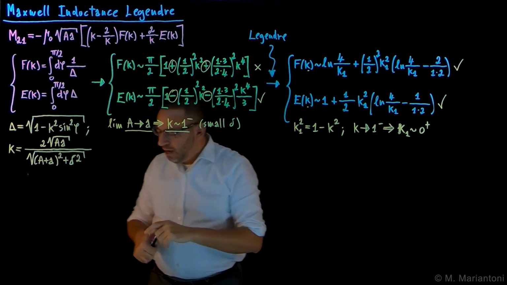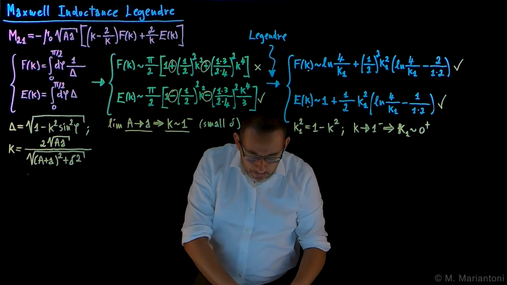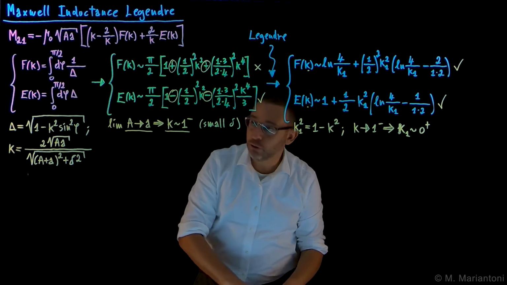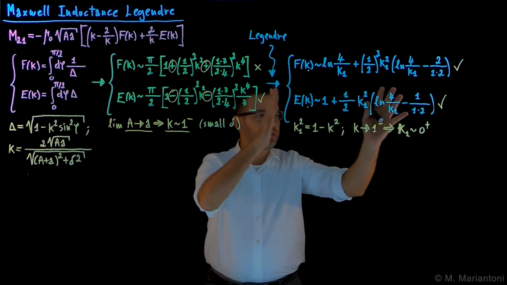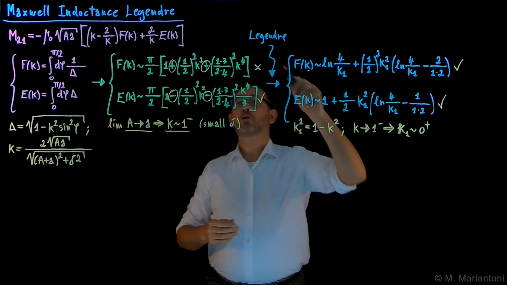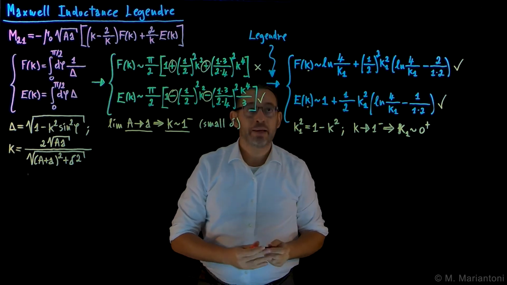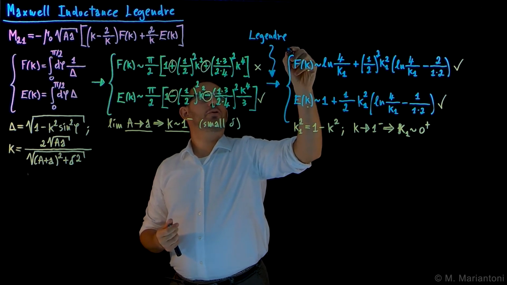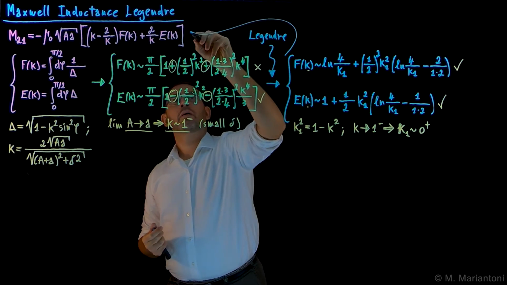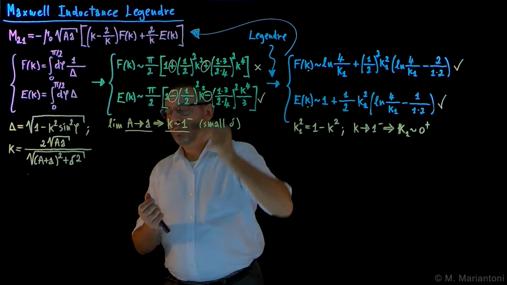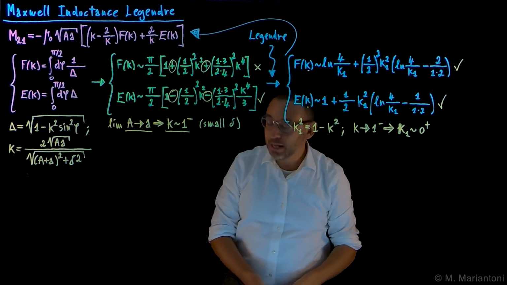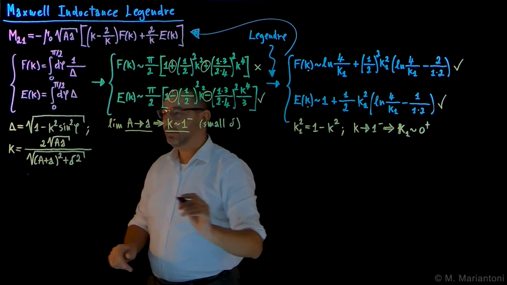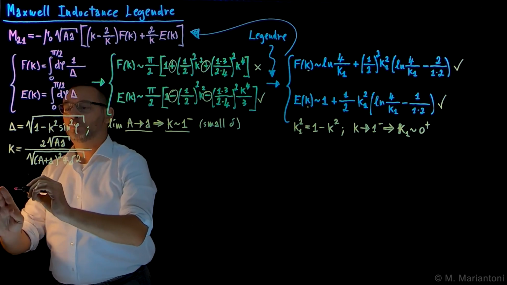All right, so how do we proceed next? The next thing we want to do is to use this expansion in this quantity up here. So we want to use this expansion exactly here. We substitute it back, and we find a new expression for the mutual inductance, which I'm going to write down here.